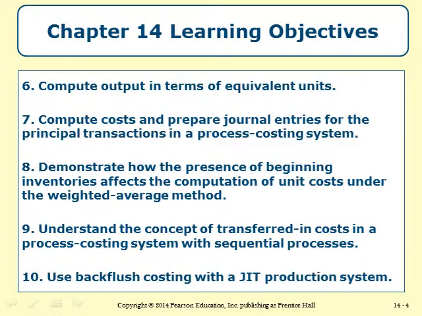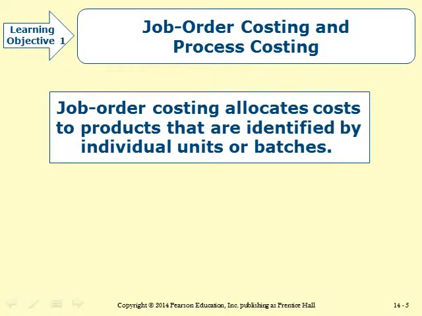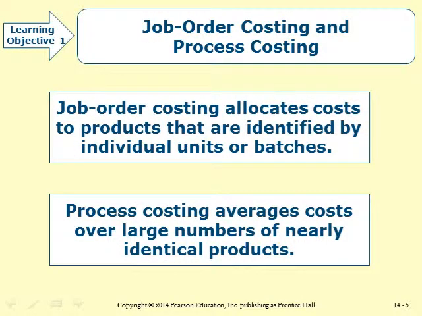So we have a lot of topics to talk about today, and so let's move on with just talking about job order and process costing systems. The two most common systems of product costing are job order costing and process costing.